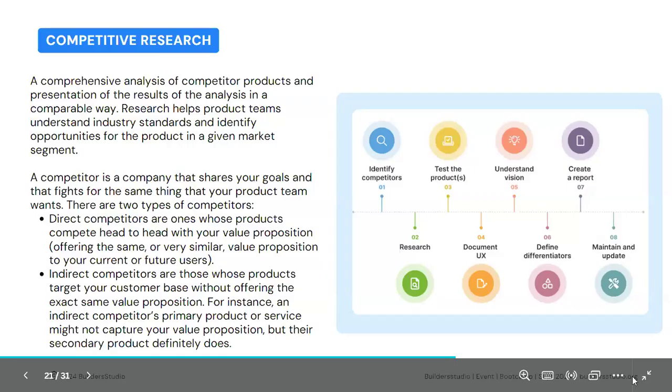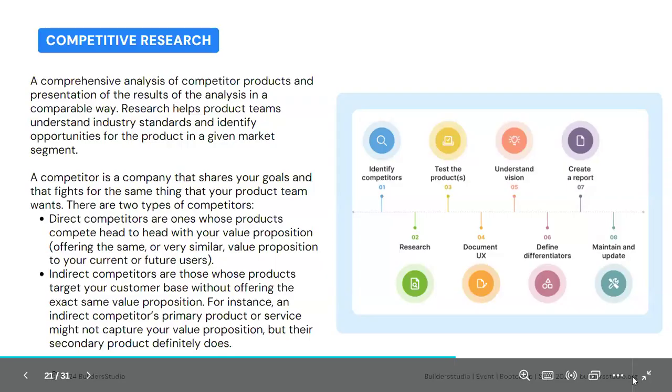When you do research, that is how you get facts. Research helps the product team understand industry standards and identify opportunities for the product in the given market segment. When you do research, that is how you get understanding of the industry that your product is going into and how people use things in that aspect.